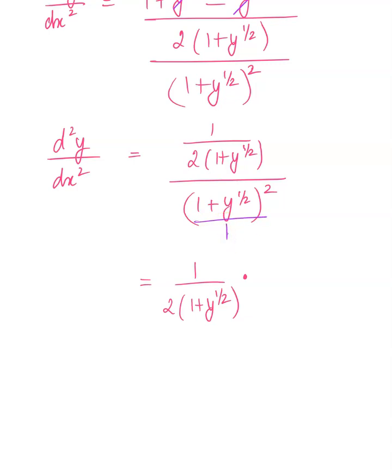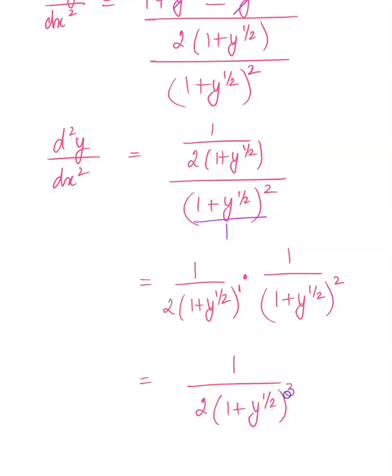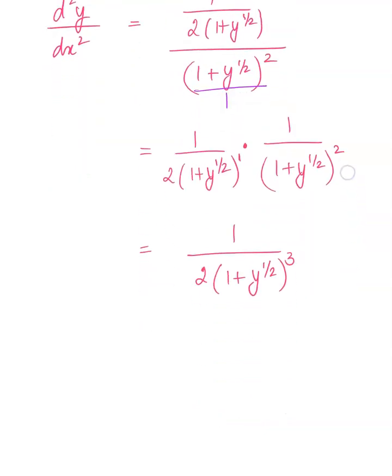So flip the denominator, which would be 1 over 1 plus y power half the whole squared, which basically is 1 over. So this is a power 1 and that's a power 2. So they add the powers by the exponent rule. And we get the whole cubed. Okay, d squared y over dx squared.